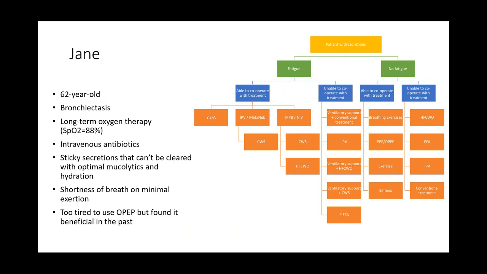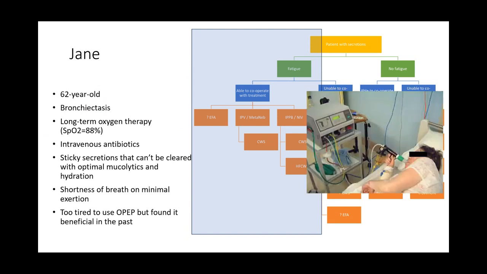She's short of breath on minimal exertion, and she's too tired to use her oscillatory PEP, but found it beneficial in the past. So she fits into the fatigued arm, and she's able to cooperate. So I have these treatment options for me. And what we used with her was IPV, and it worked really, really well.